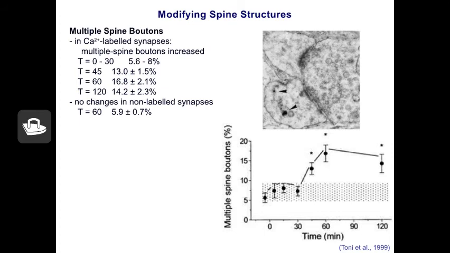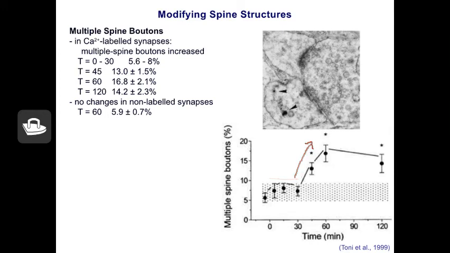So let's look at the graph underneath this photomicrograph. This graph actually shows that the number of multiple spine profiles increases from less than 10% of labeled spines in the early part of the time course to stabilize at more than 15% of the activated spines.